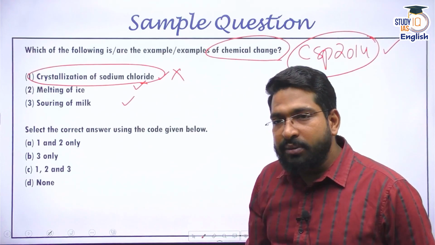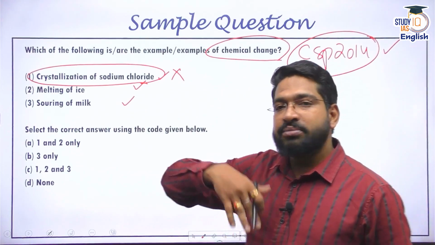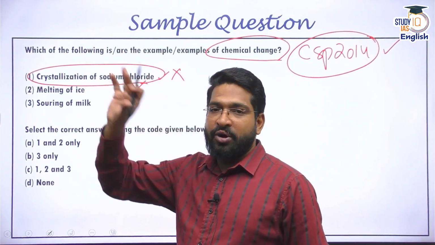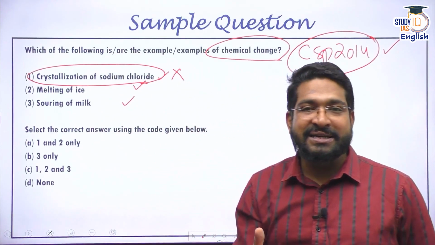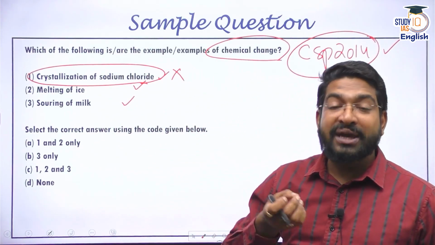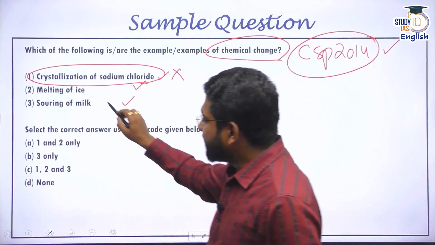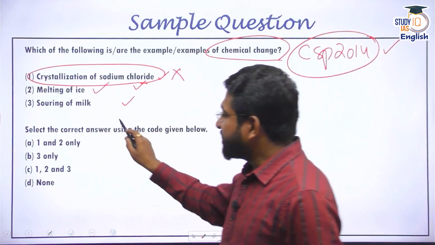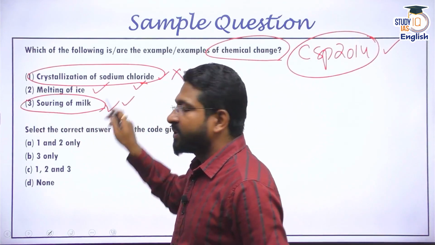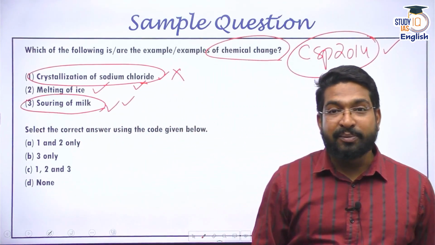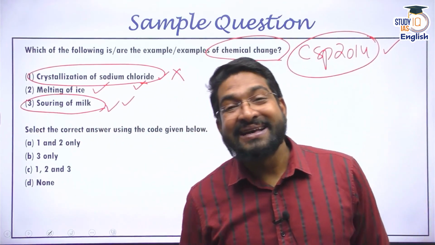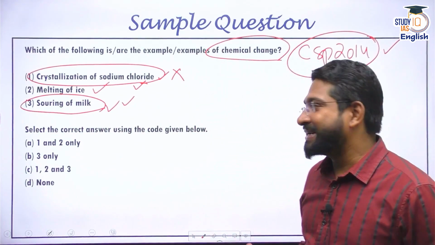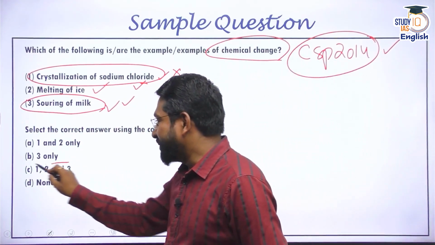You simply boil that water, water will become vapor and it will go off, and the salt will remain as it is. So there is no chemical change. Similarly, melting of ice, it is not a chemical change, it is simply a physical change. But when the milk is soured, milk becomes curd, buttermilk, then some sort of chemical change has occurred. So the answer for this would be 3 only.